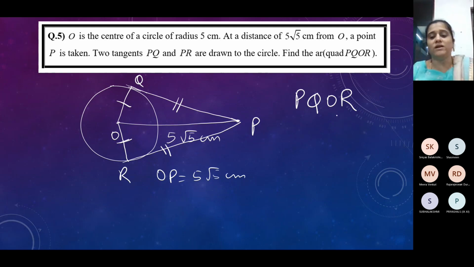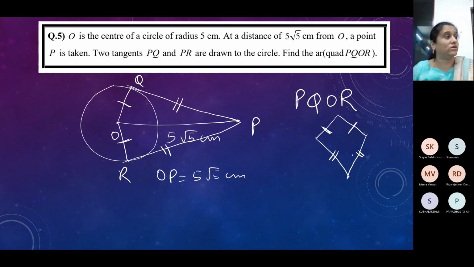A kite is a quadrilateral in which both pairs of adjacent sides are equal, not opposite sides. Opposite sides are not parallel.